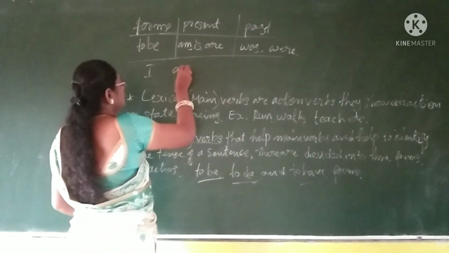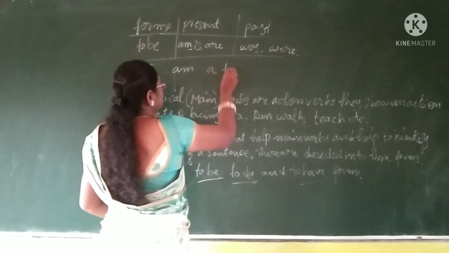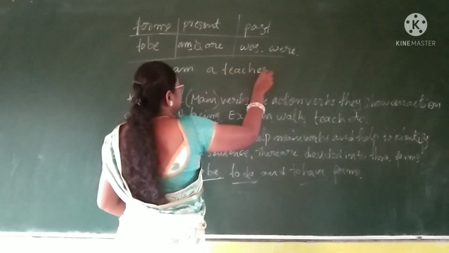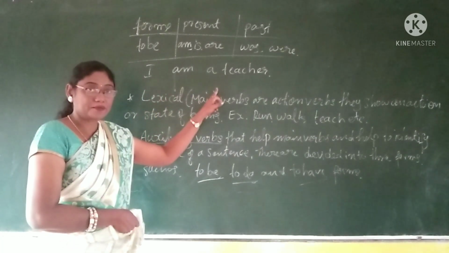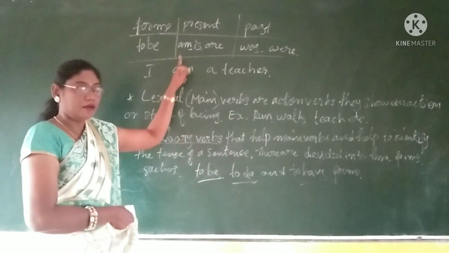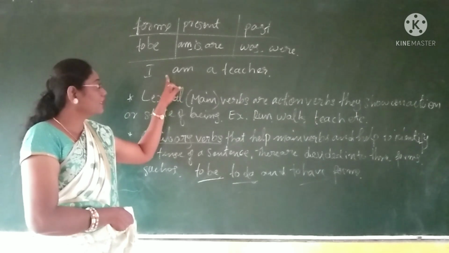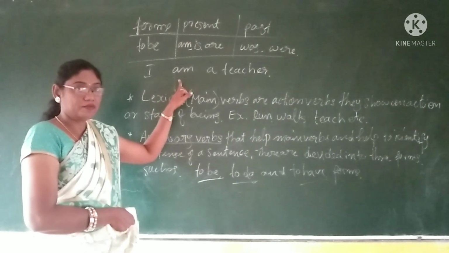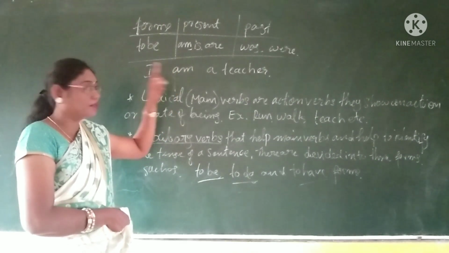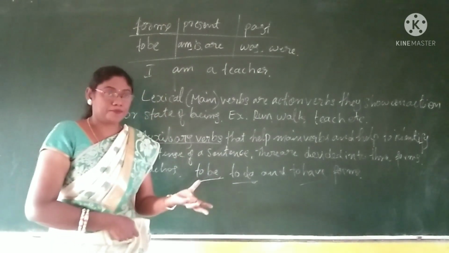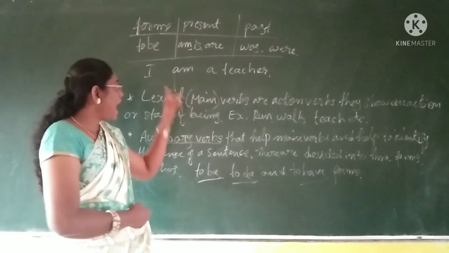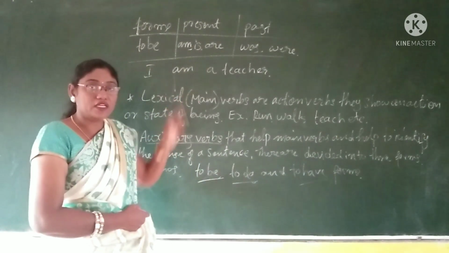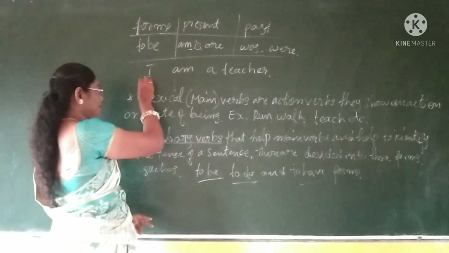I am a teacher. Am is in present tense. I have taken am from the present be forms. I am a teacher. And you have to mind that am is always used with only I.